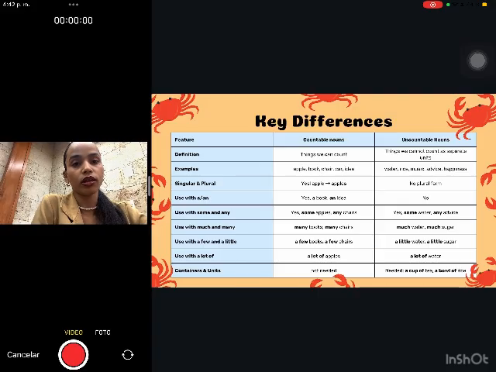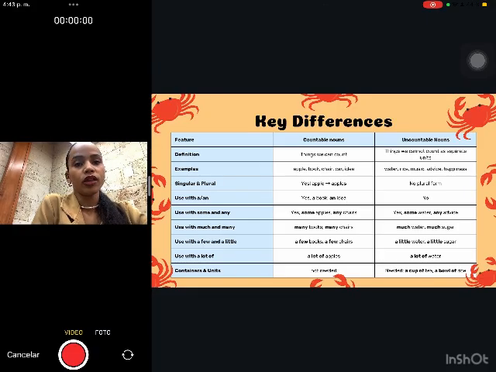Uncountable nouns examples are water, rice, music, advice, happiness. We can use singular and plural with countable nouns. Example, apple, apples. We cannot use plural with uncountable nouns.